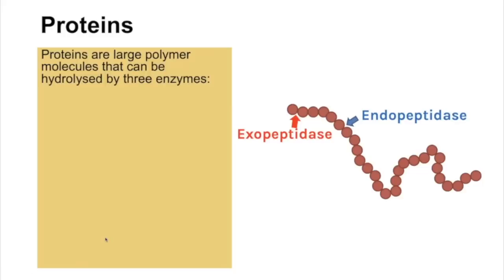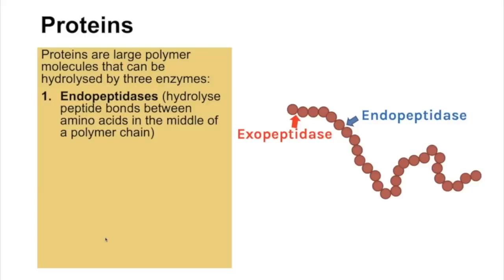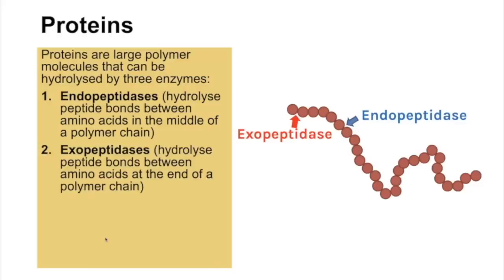For proteins, these are large biological molecules, they're polymers, and they are hydrolyzed by 3 enzymes. We have the endopeptidases, which hydrolyze the peptide bonds between amino acids in the middle of a polymer chain. We have the exopeptidases, which are going to do hydrolysis and break the peptide bonds between amino acids at the end of the chains.